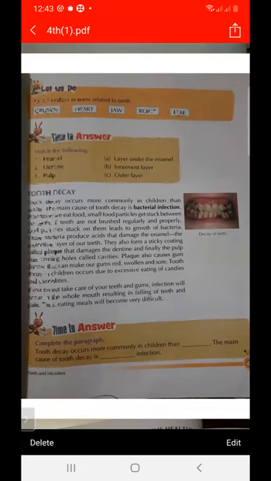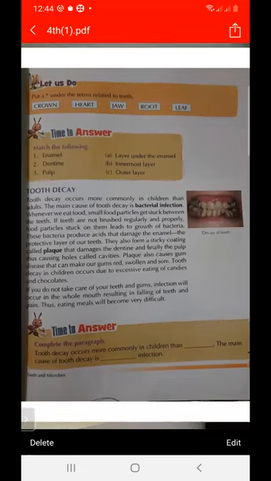The whole mouth is affected, resulting in the falling of the teeth, and thus eating meals becomes very difficult. When the whole mouth is destroyed by bacteria, eating meals becomes very difficult. So this is tooth decay.